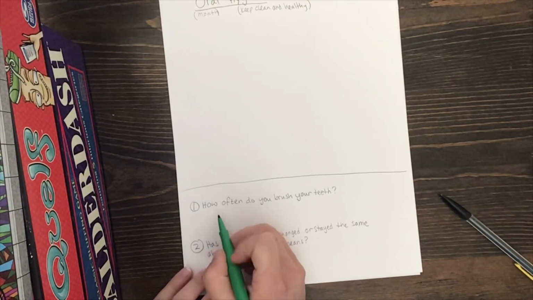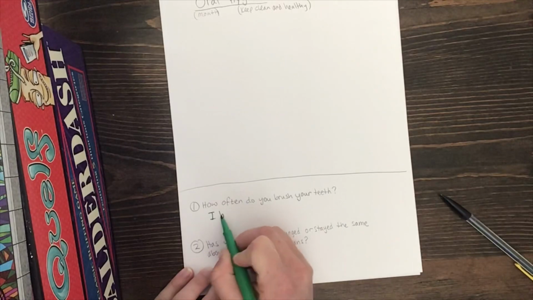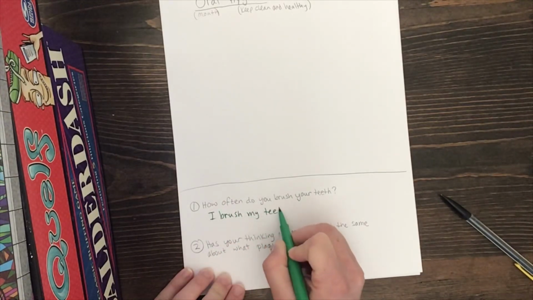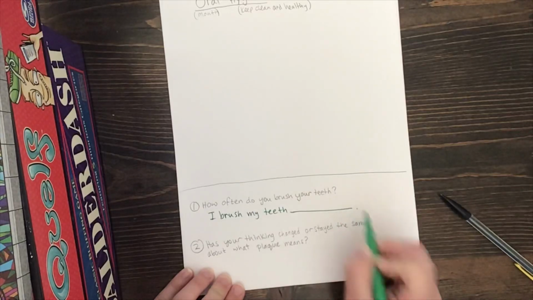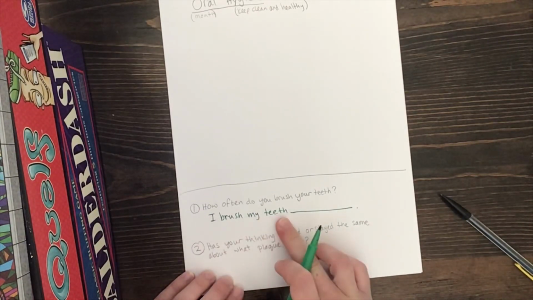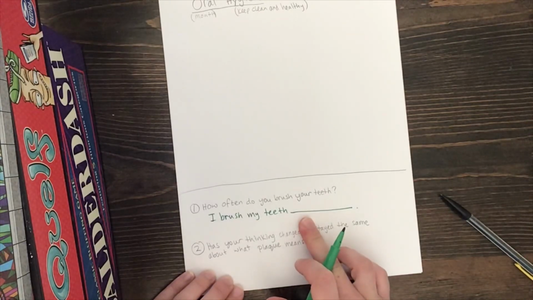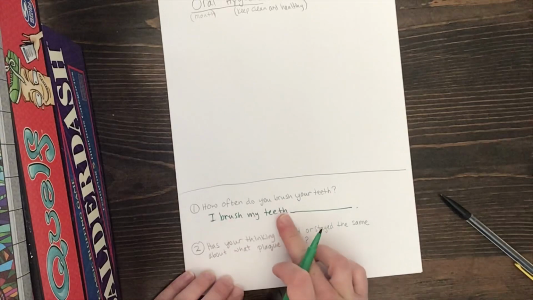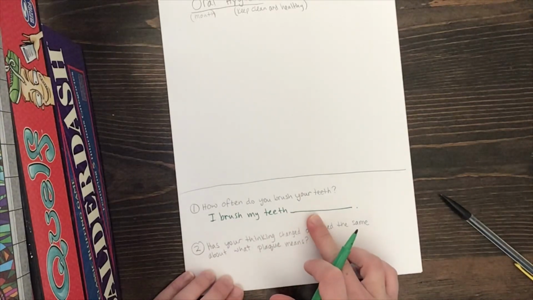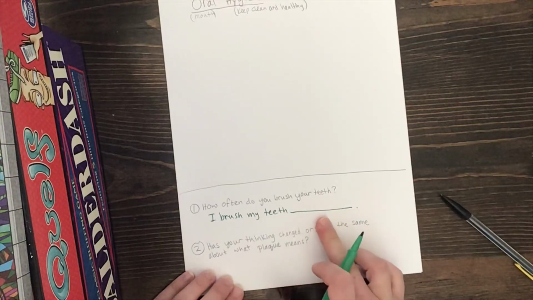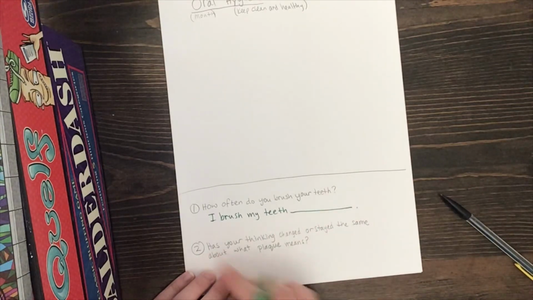The sentence is going to say, I brush my teeth, and you have to finish it. You might say, I brush my teeth 2 times a day in the morning and at night. Or, I brush my teeth after I eat. Or, I brush my teeth only once a day. Or whatever it is, you need to finish that sentence.